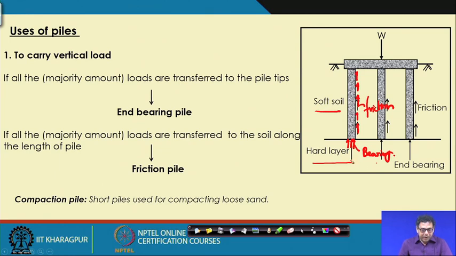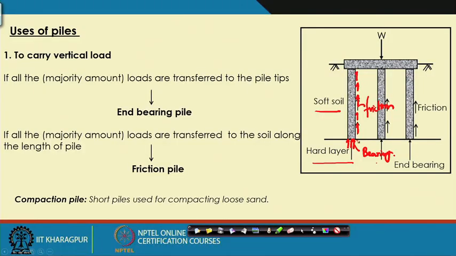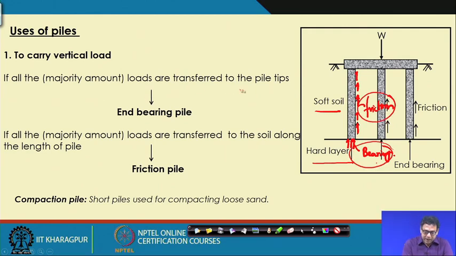Now, depending upon the type of soil, if the majority of the load is transferred to this hard stratum, or the majority of the resistance is coming from this bearing compared to the friction, then the pile is called the end bearing pile.